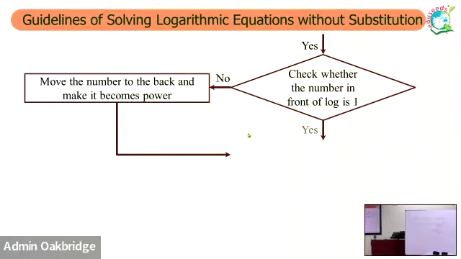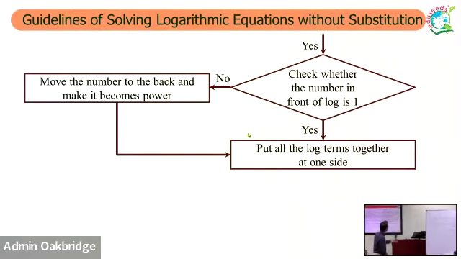All right, let's put all the log terms together. We know now the number in front of log is 1. Yes, proceed to put all the log terms together at one side. So we have a log term here, we have a log term here. So put them at one side, okay?